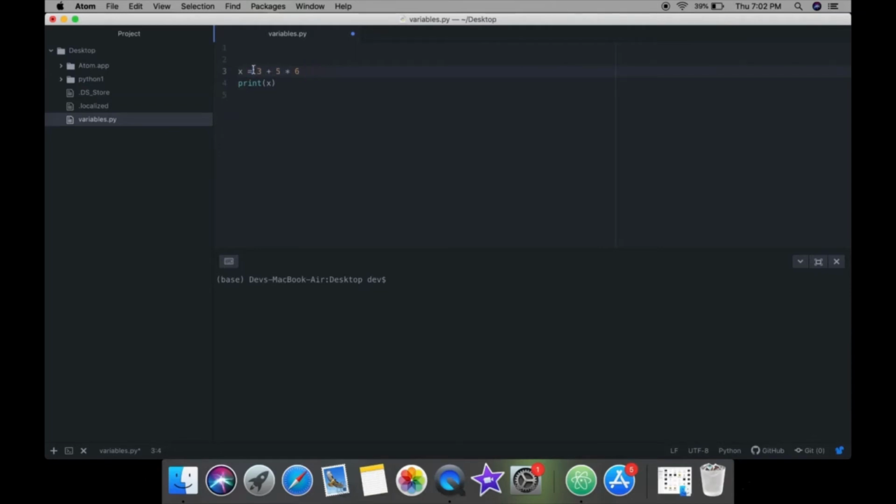So we can add some other operators in this so that we get the result that we desired. Like if I need 3 plus 5 is 8, and 8 star 6 is 48, so how will I get 48?